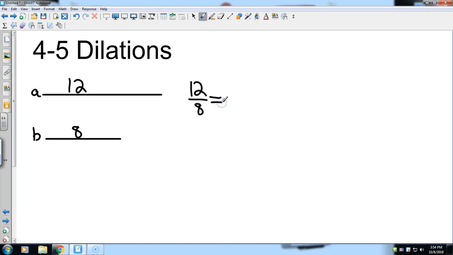And that would give me a scale factor. If I reduce that by 4s, that would give me a scale factor of 3 to 2. And if I'm comparing A to B, obviously A is larger than B, so the numerator is going to be larger, and this is an enlargement.